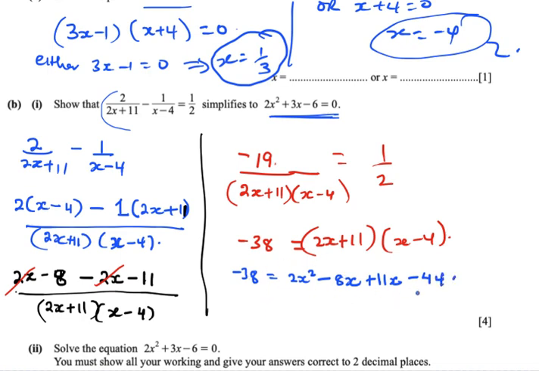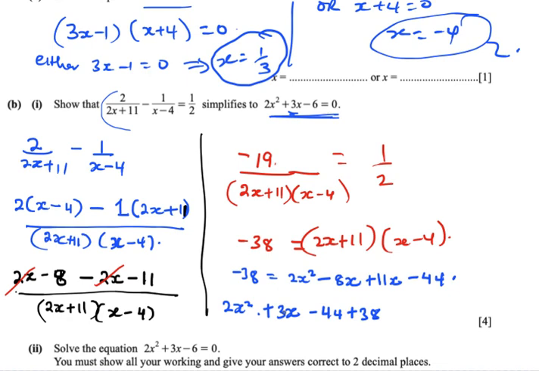We can bring the negative 38 to the right, so we say 2x squared, negative 8x plus 11x, we get positive 3x, and then negative 44 plus 38. Remember, the 38 is crossing to the right, so it becomes a positive.